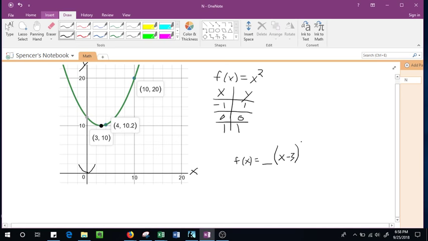So recall when the transformation is with the coordinate it's supposed to be, it does the opposite of what we would think. So a negative 3 is going to move this to the right, because this is a horizontal transformation and it's with the x. A and k are on the wrong side of the equation in reality. So they're going to do what we would think, but that's only because they're actually on the wrong side.